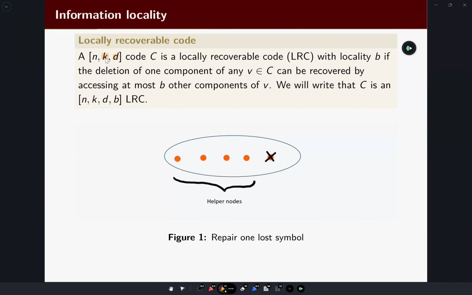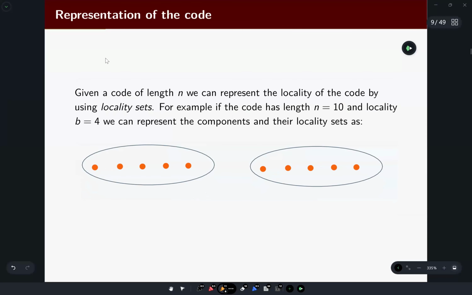So that's another picture of the situation. And this is an example where we have a locally recoverable code. In fact, in the situation, a code word of length 10 is divided into 2 subsets, which means that if I take an element here, I don't need all k elements of the code word, but I can just look at 1, 2, 3, 4 elements inside this set to recover this lost symbol.